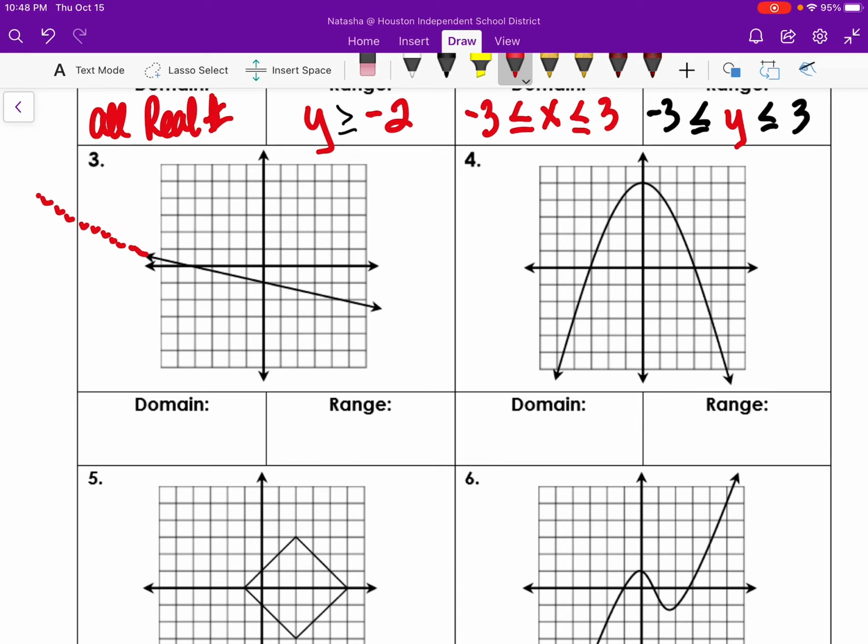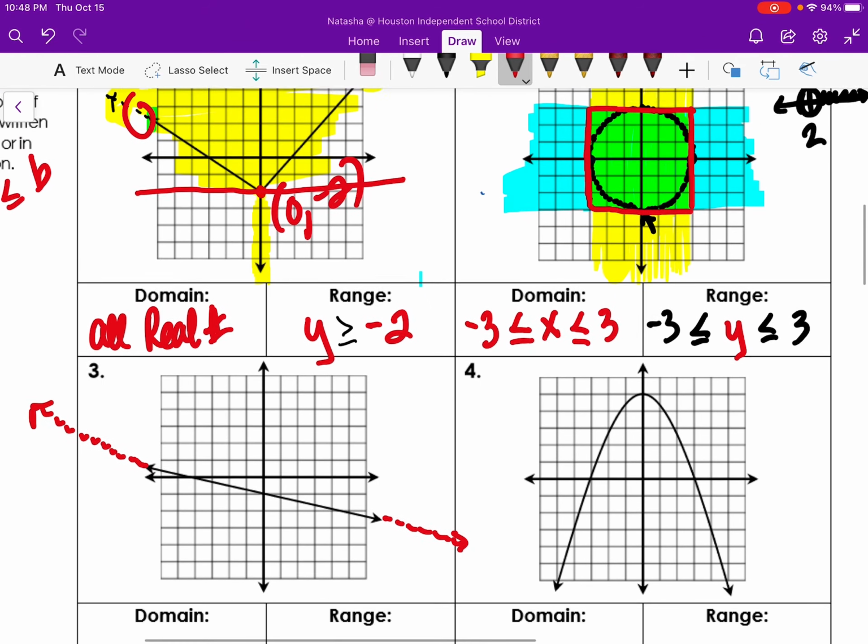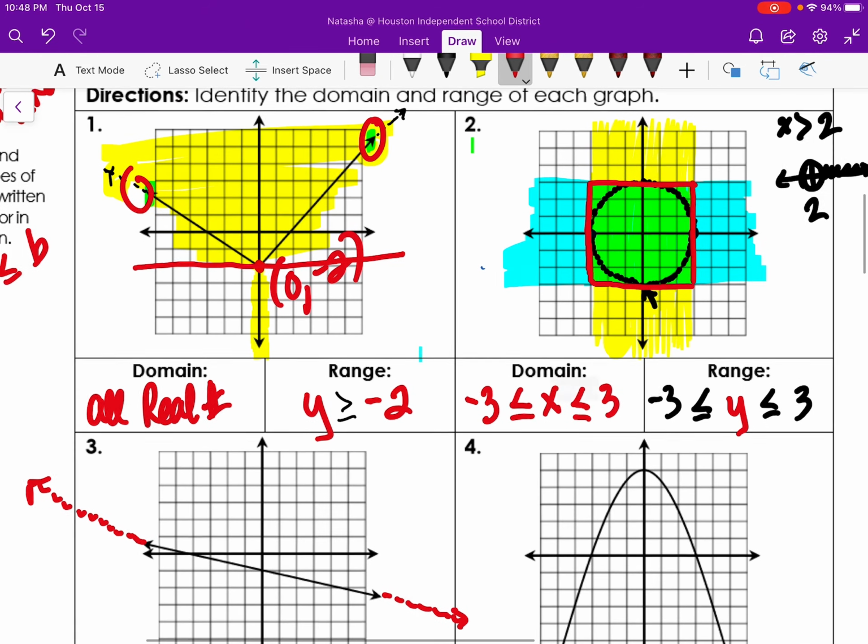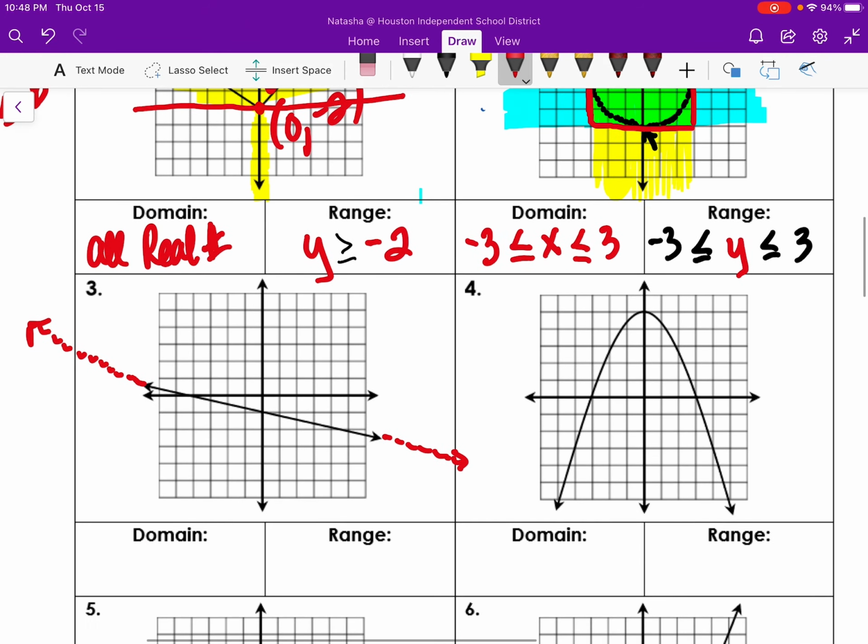Now, if I look at number 3, if you notice, just like number 1, we have arrows going off into infinity. And really, this line goes on forever, and it basically covers all of the x values and all of the y values. There's no minimum or maximum. In question number 1, I have a minimum point there, and even in question number 4, I have a maximum point there, because my arrows are going down in the opposite direction.